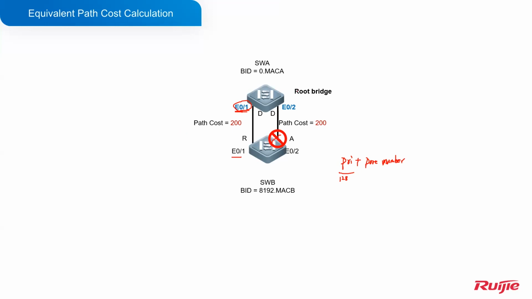For example, now I only have 1 switch, and I use a cable to connect 2 ports on this switch. It's impossible for these 2 ports to both be designated ports. One of them should be blocked. So this statement is wrong.